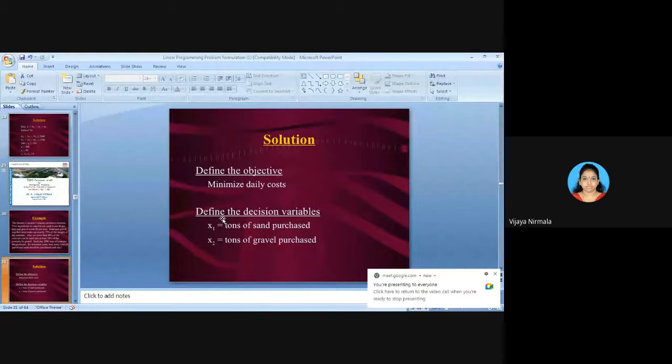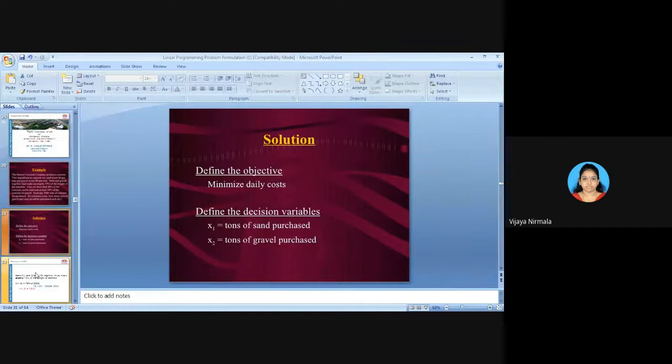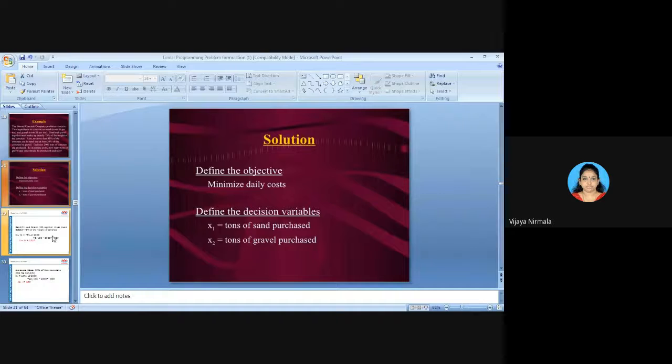You can call them x and y also, it is not a problem, but we follow the common convention. Let x1 be the tons of sand purchased, and let x2 be the tons of gravel purchased. Did you understand the two things?